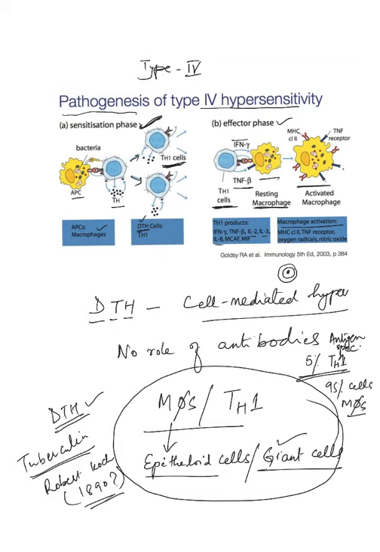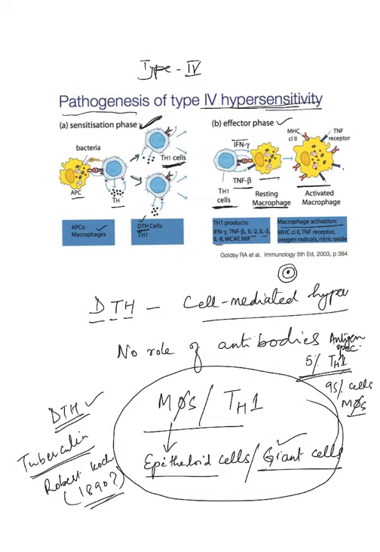So this type 4 hypersensitivity is totally caused by the infiltration of cells, activated macrophages and T helper 1 lymphocyte cells.